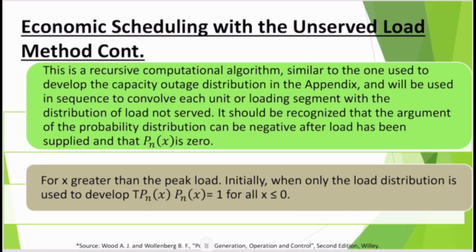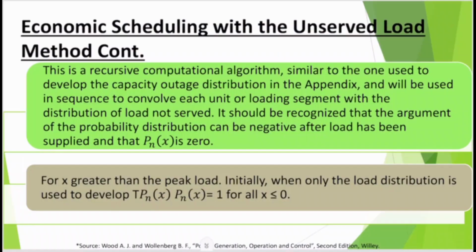It should be recognized that the argument of the probability distribution can be negative after load has been supplied, and then PNX is equal to 0. Now for X greater than the peak load, initially when only the load distribution is used to develop PNX, PNX is equal to 1 for all the values of X less than or equal to 0.